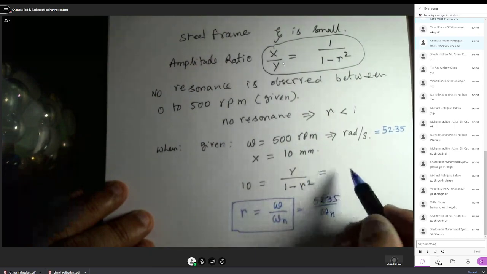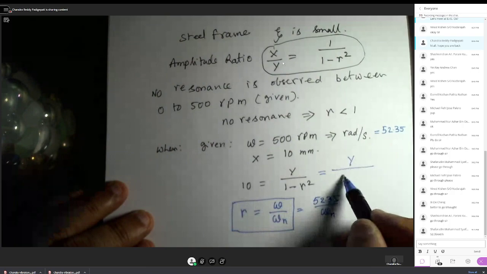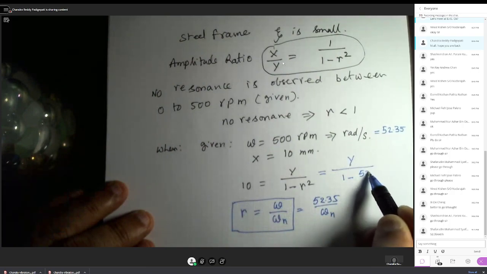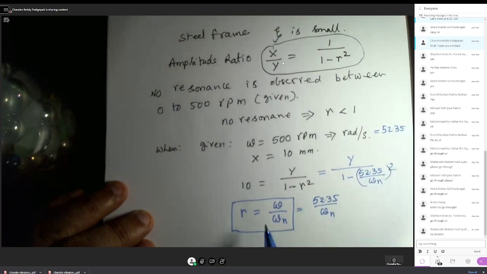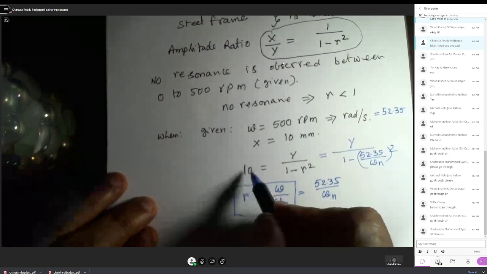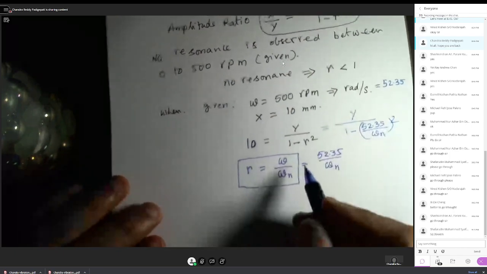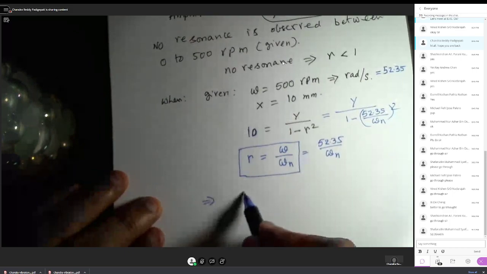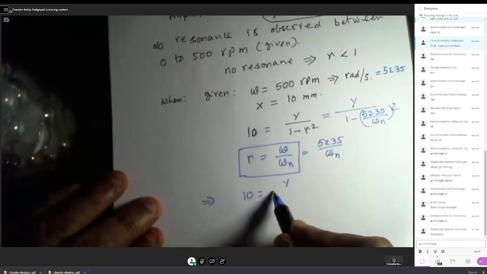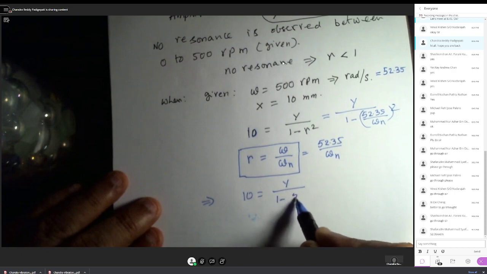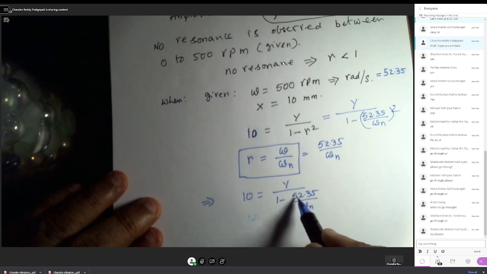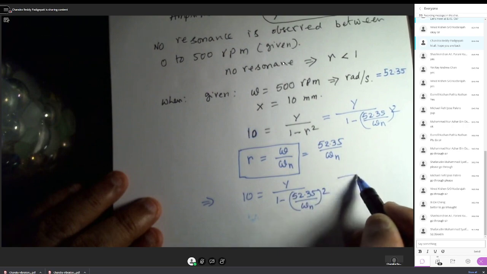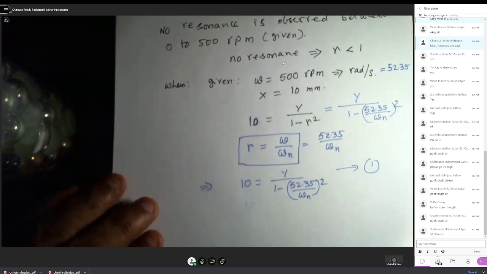So that means you can write this as y over 1 minus (52.35 over omega n) square. So you can call this as 10 is equal to y over 1 minus (52.35 over omega n) square, and this is your equation 1.